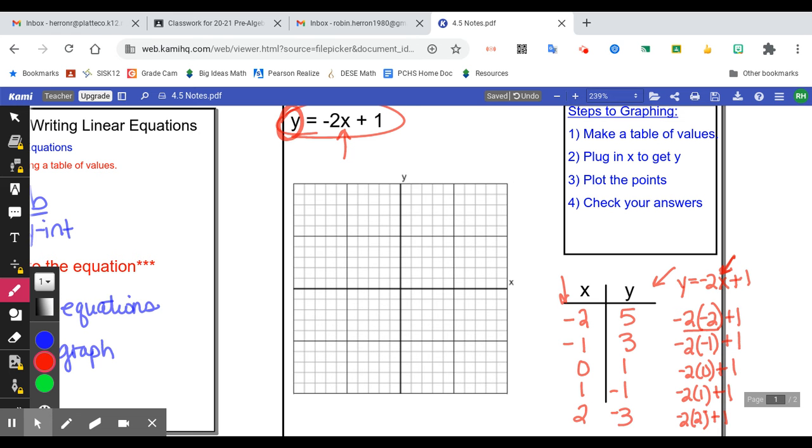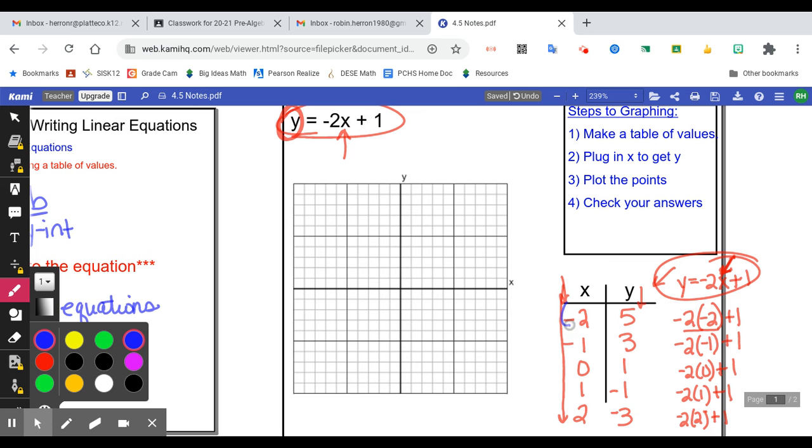Okay, so I just took that equation, I plugged in all the values on this side for my x, and then I solved it and gave my answer for y in this column over here. Okay, so now I'm going to actually take these and plot them like they're ordered pairs with a little comma here in between them.